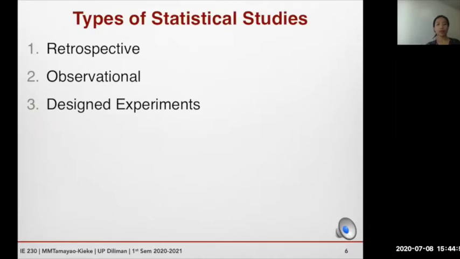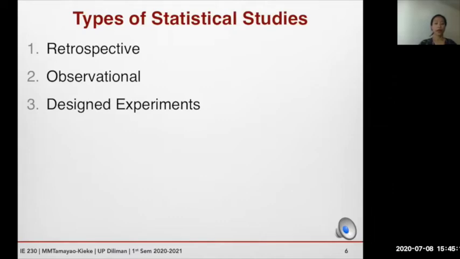In engineering, there are three broad types of statistical studies that can be conducted. First, you have retrospective studies, which make use of historical data, and objectives include understanding how the system works, as well as how input factors affect the process and output factors.